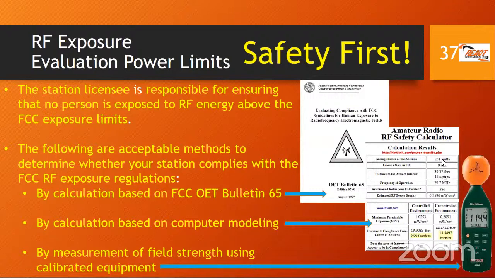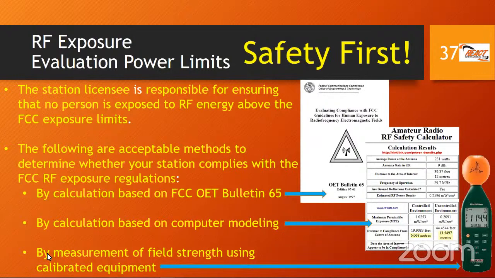So you put in the parameters, you put in the figures, and this is a website or a form online that you put in. And that's why it said by calculation based on computer modeling. It just simply means you're using software, using a website to put your information in, the amount of power you're using, the gain of your antenna, how far, things like that, what frequency that you're using. And they call it computer modeling. That's just putting it into a calculator online.